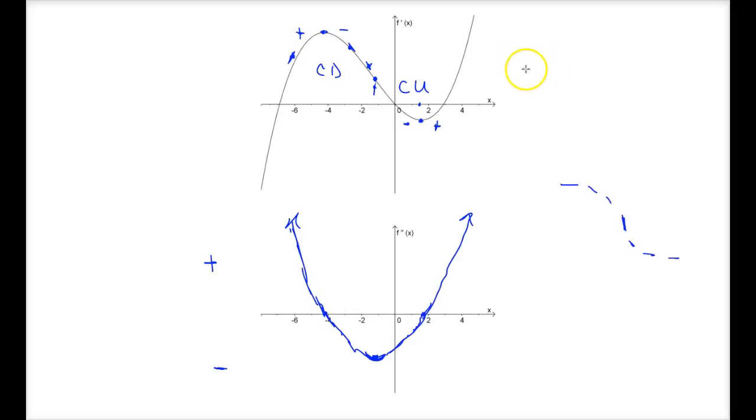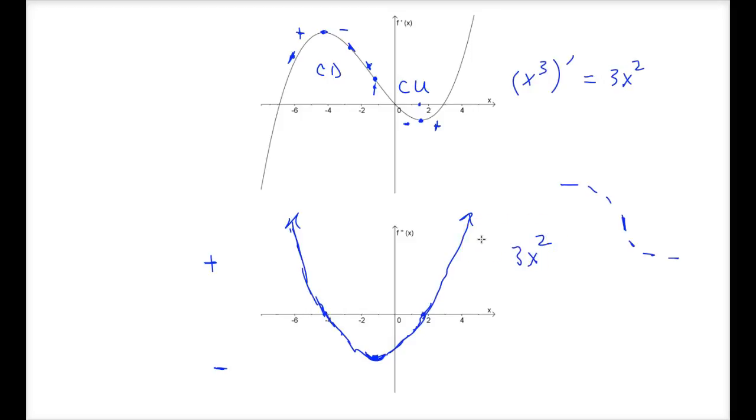So we know that if we took the derivative of x cubed, it would be 3x squared. So we know that whatever comes down here for the derivative of something that looks cubic is going to have to look in some kind of way quadratic.